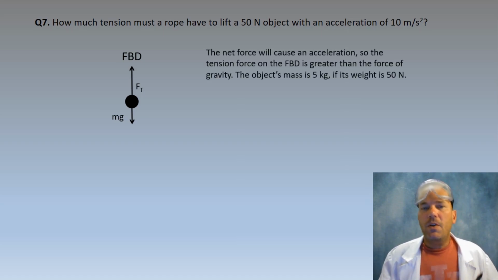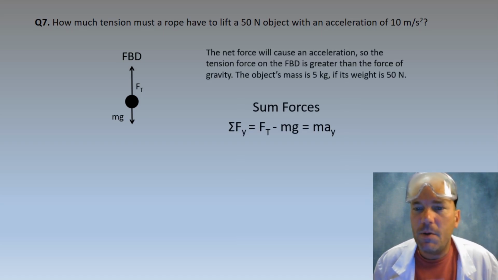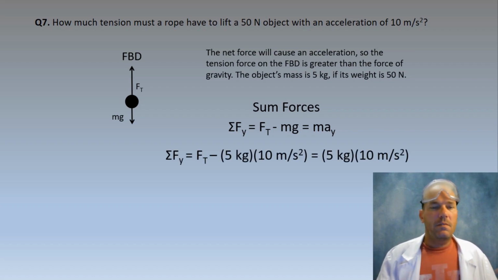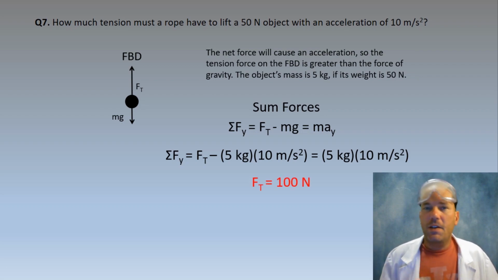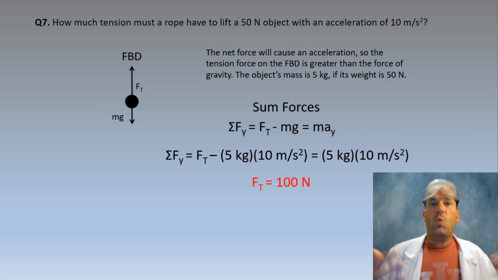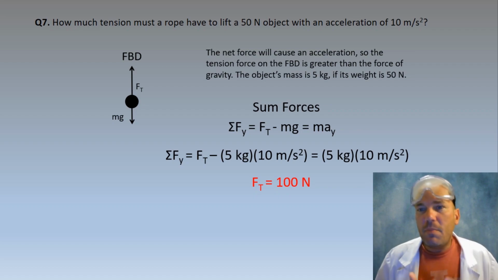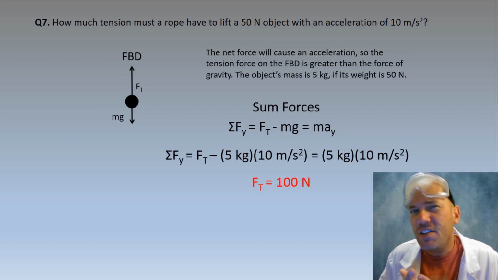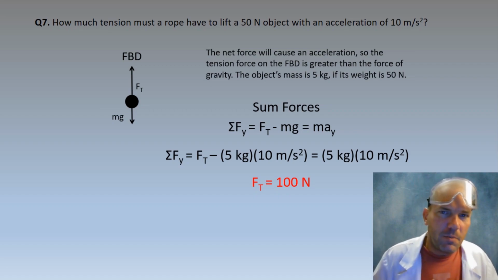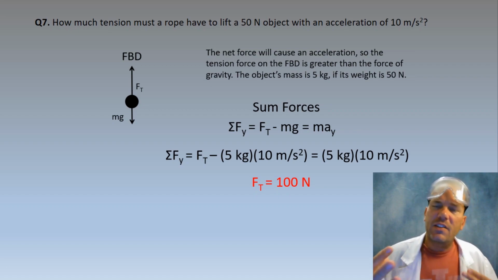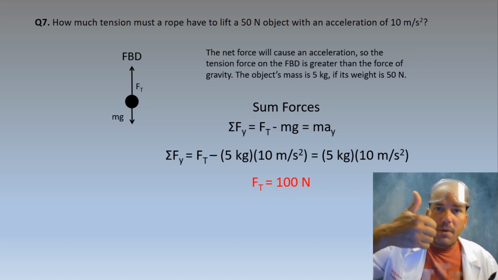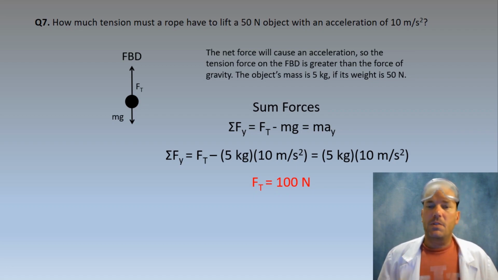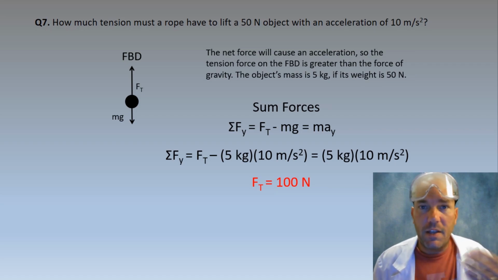If we go through and sum the forces on this problem, we'll see vertically that we end up getting a force of tension that is not only greater than, it's twice as great, which should make sense if we're calling the acceleration due to gravity 10 meters per second squared, yet there's a net external force leading to an acceleration up of 10 meters per second squared. So the force of tension in the rope is double what it would be if it were in equilibrium.